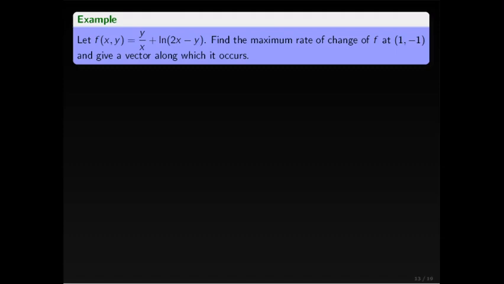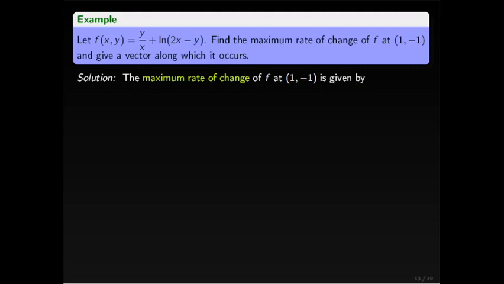Let's try doing this example. So, given f of x, y equal to y over x plus ln(2x minus y), let's find the maximum rate of change or maximum directional derivative of f at (1, -1), and give a vector along which it occurs.